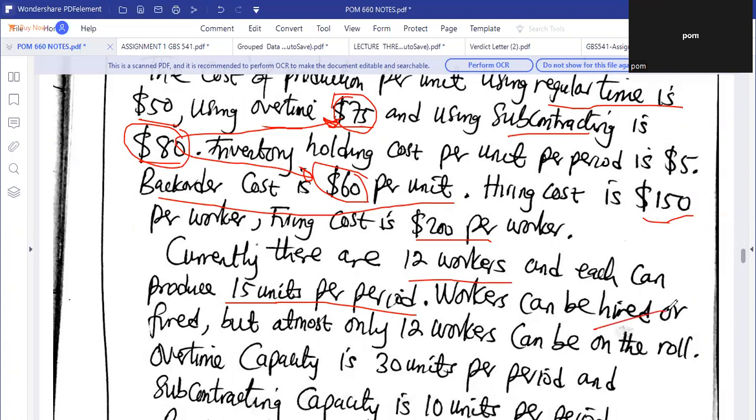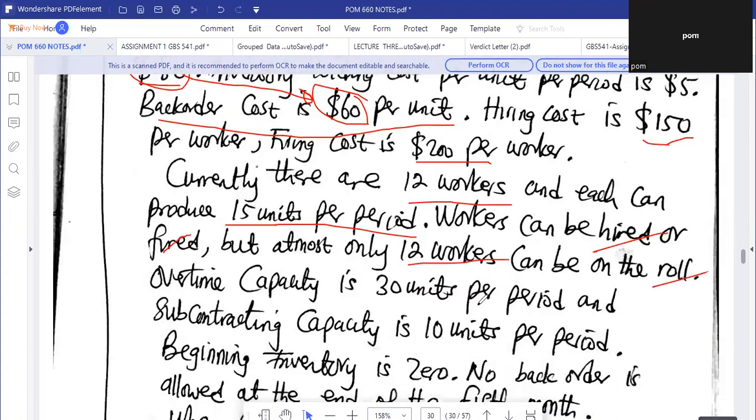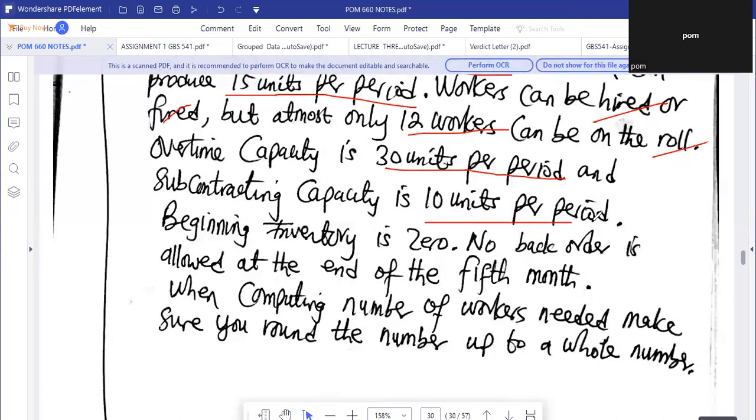Workers can be hired or fired, but at most only 12 workers can be on the roll. Overtime capacity is 30 units per period, and subcontracting is 10 units per period. Beginning inventory is 0. No back order is allowed at the end of the 5th month.